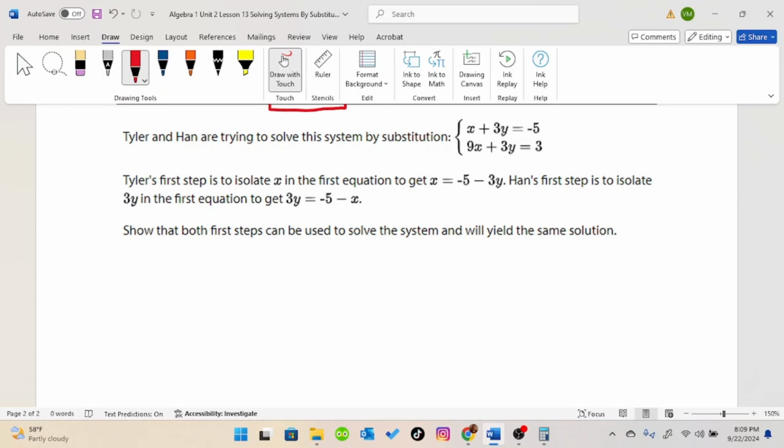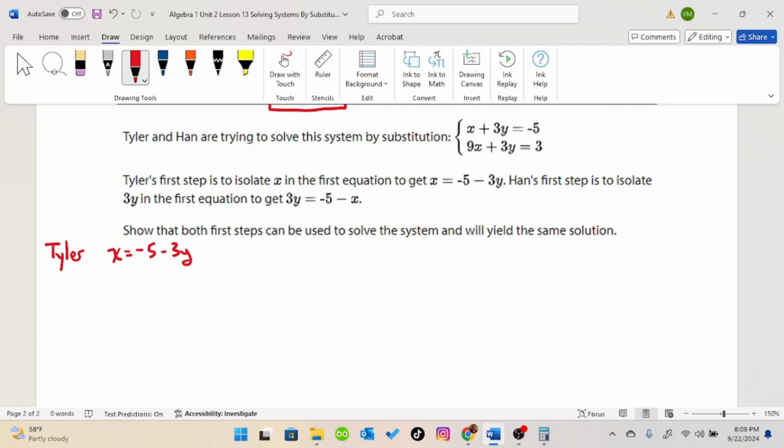So first, let's look at Tyler's. Tyler isolates the x in the first equation and gets x equals negative 5 minus 3y.